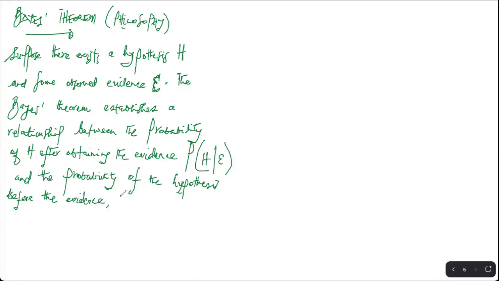So that is simply the probability of H. The probability of the hypothesis without the evidence is simply P of H. Okay.